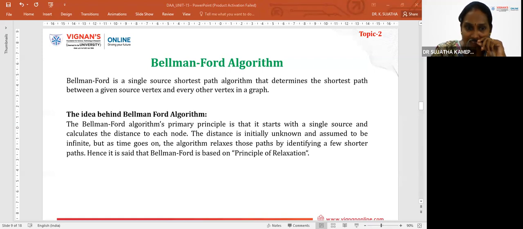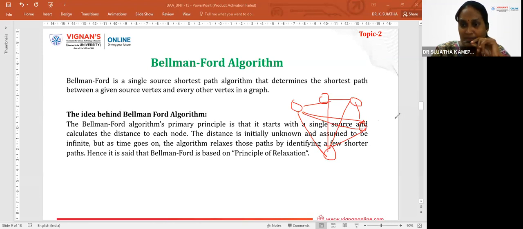Bellman-Ford algorithm is a single source shortest path algorithm that determines the shortest path between a given source vertex and every other vertex in the graph. That is, so here you have a graph. Let us say your graph is present. This is having some number of edges, right?